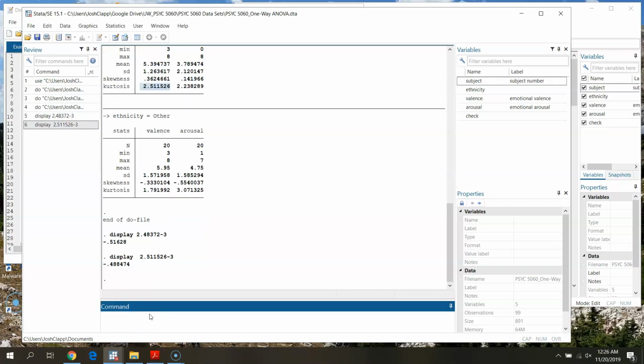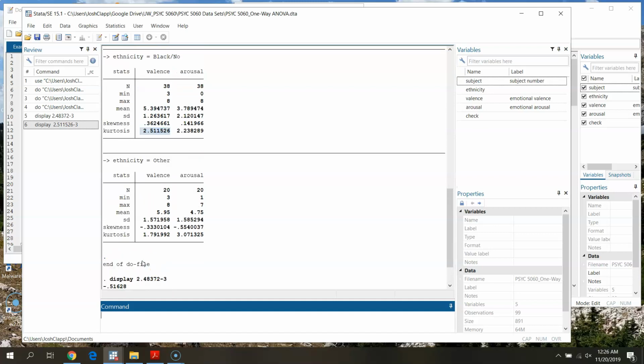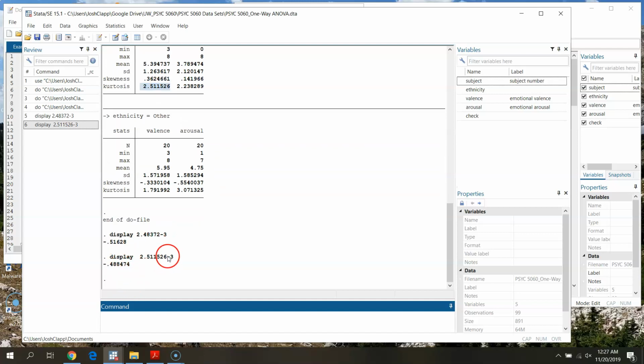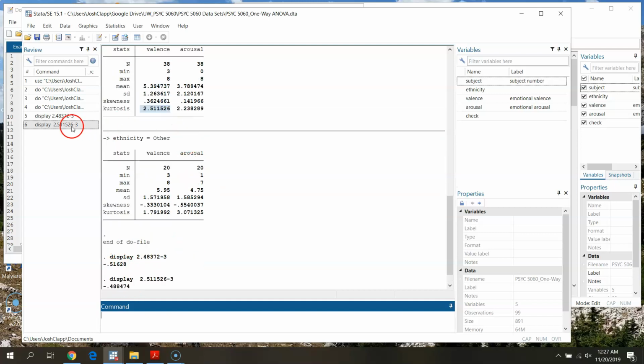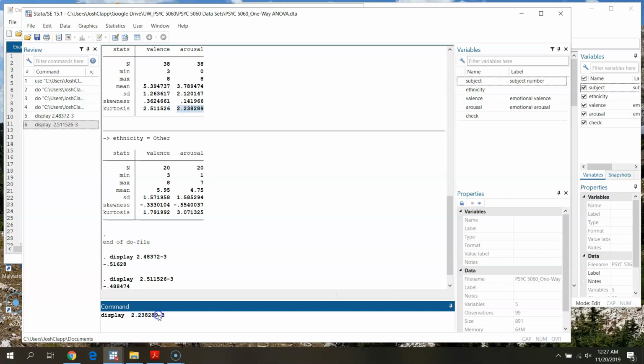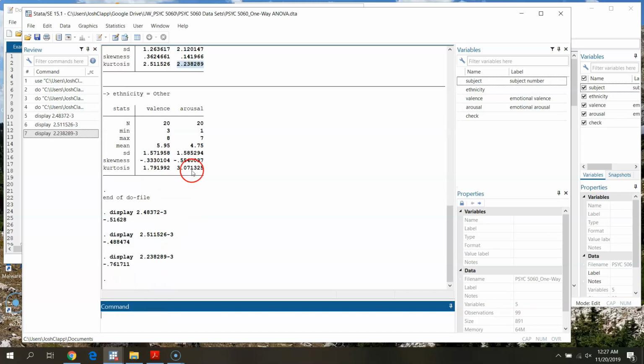Paste that in. Okay, so for our black non-Hispanic group, kurtosis for valence is negative 0.49. That's not bad. If I click that again, copy that down. Okay. Kurtosis value here is negative 0.76, so that's looking pretty good.